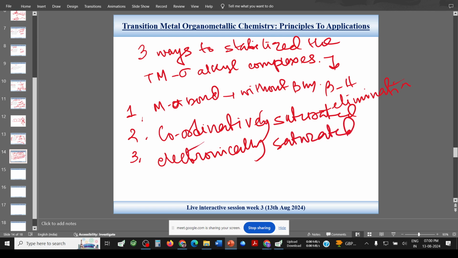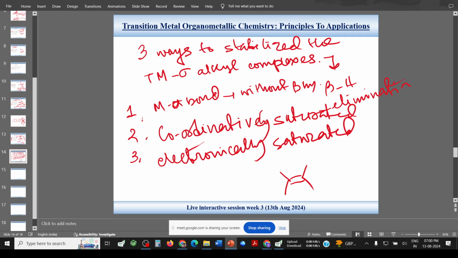But this criterion may sometimes not be valid. Another criterion can be that the olefin which is forming is not stable or energetically favorable. Then these 3 criteria stabilize the transition metal alkyl complexes to prevent or suppress the beta hydride elimination.